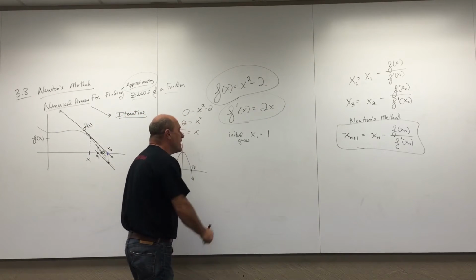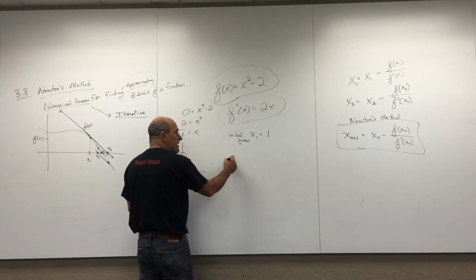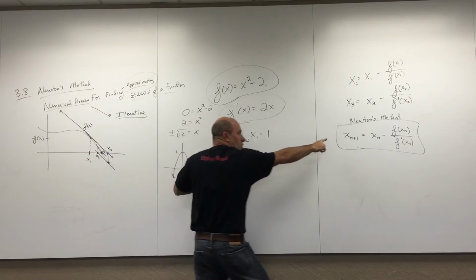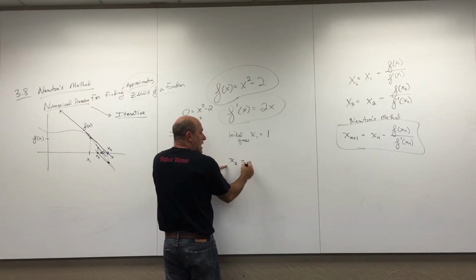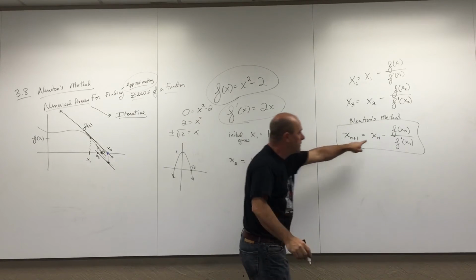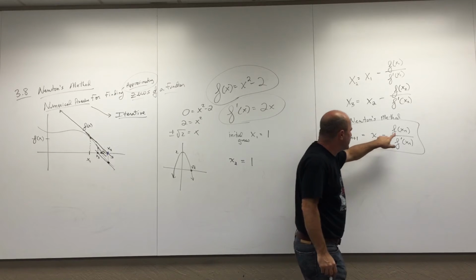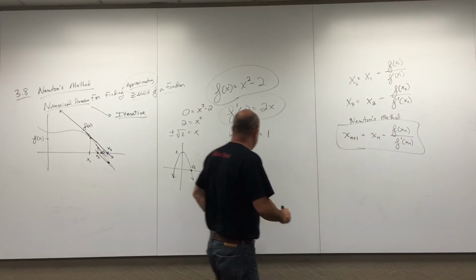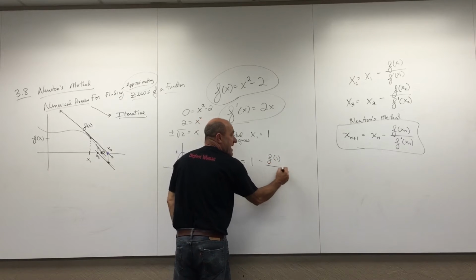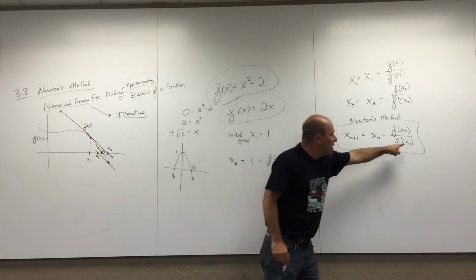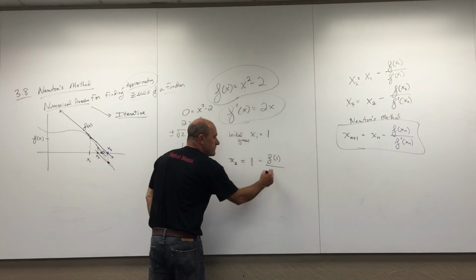Okay, here we go then. Here I'm going to do this formula. In order to get x2, I'm plugging in x1. So here's what that means. I'm going to plug in a 1 right here. I'm plugging a 1 in the function and dividing by plugging a 1 into the derivative.